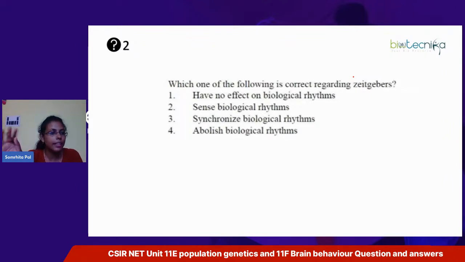Flowers, birds, and all, they don't have the clock that we have, right? But they have this biological clock inside. Even actually humans also have, the animals also have this biological clock within us. Okay, which is synchronized with the environment, and it follows a rhythmic pattern, a fixed pattern. Okay, that is what is known as a biological rhythm.